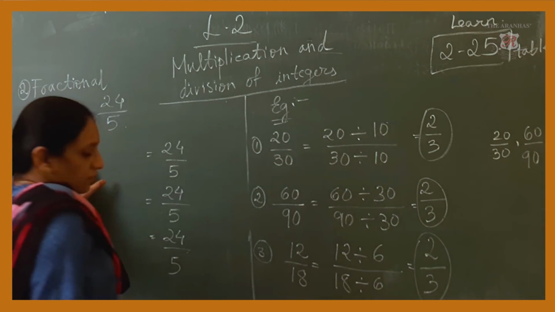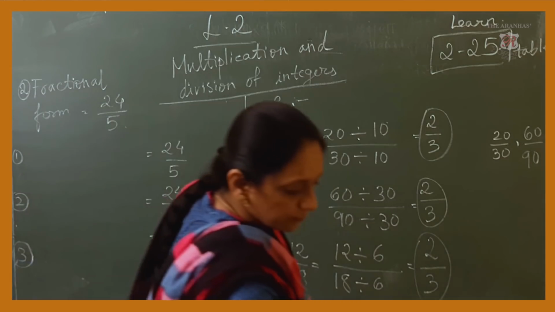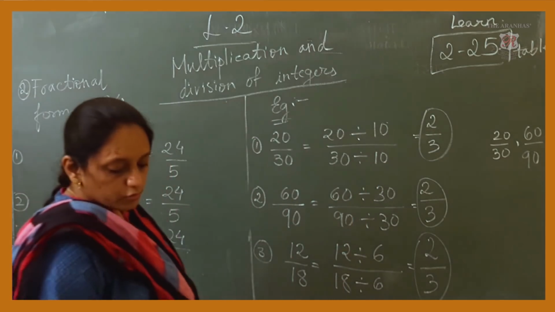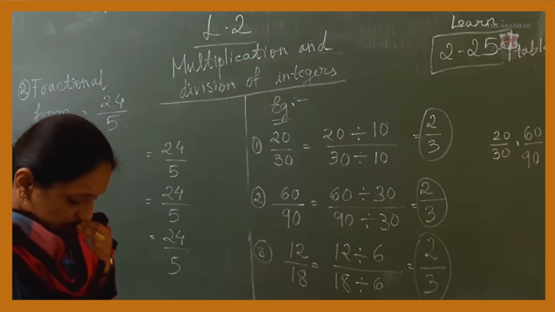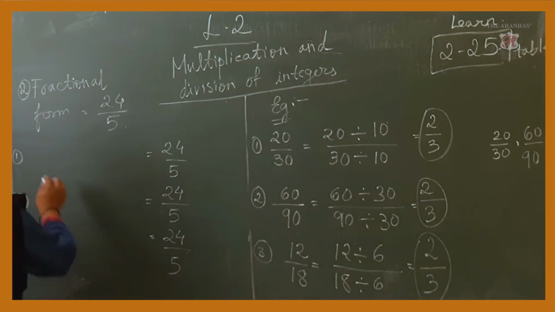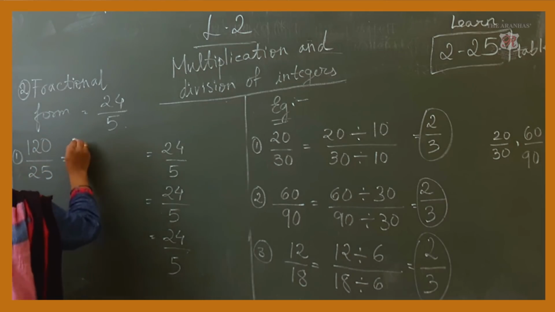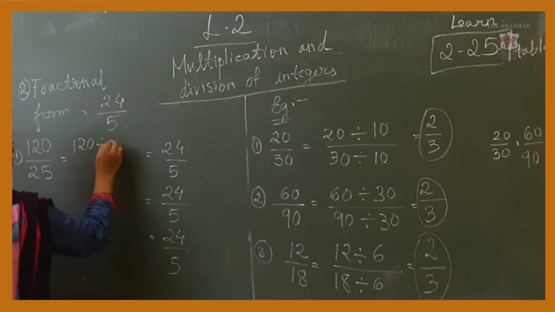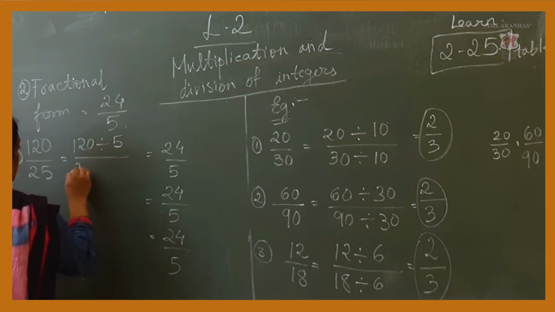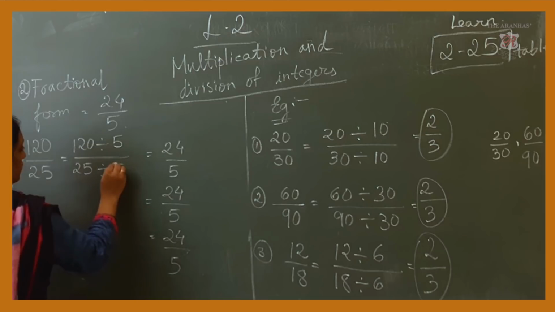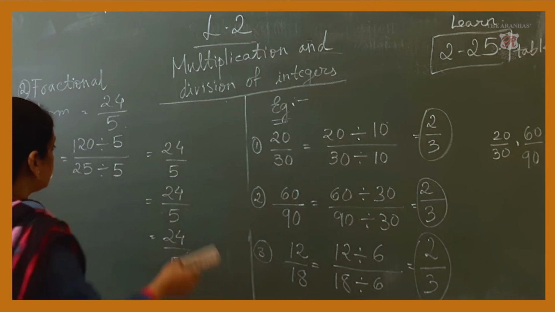Similarly, in this way we have to solve this exercise sum. See students, now to get 24 upon 5, we can take 120 upon 25. See, if I divide 25 by 5, what answer do I get?